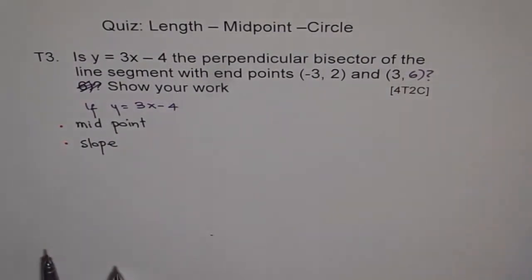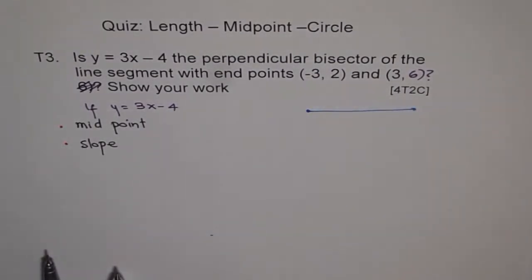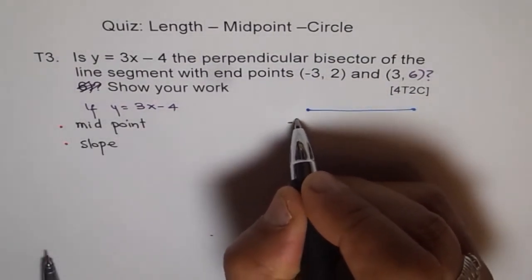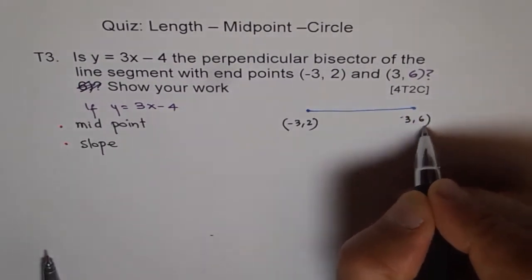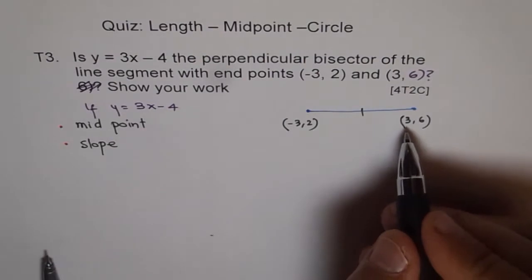So let's imagine that these are our 2 points. I'm just drawing like this. Basically it is not a horizontal line, but here let's say the 2 points are minus 3, 2 and the other one is 3, 6. Now what is the midpoint of these? You add them, divide by 2, correct?